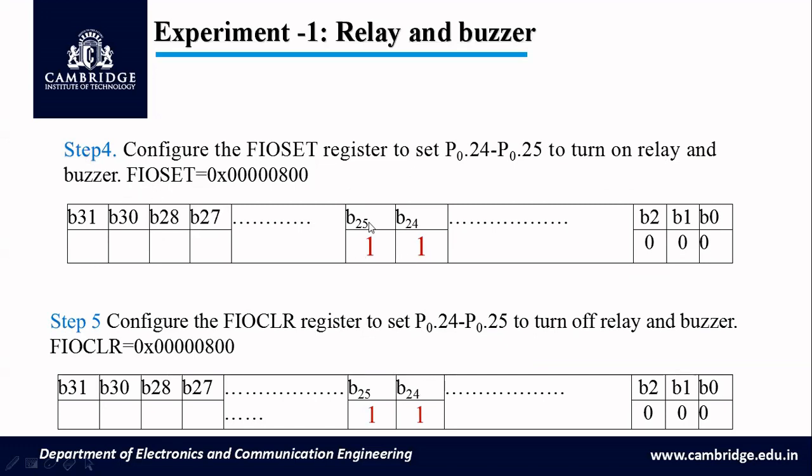Write 1 into the corresponding bit position of the port lines in FIO set register. If the switch is not pressed, the port lines need to be cleared, for which I would be writing 1 into the corresponding bit positions of FIO clear register. So there are 2 registers, FIO set for setting the port lines, FIO clear for clearing the port lines.